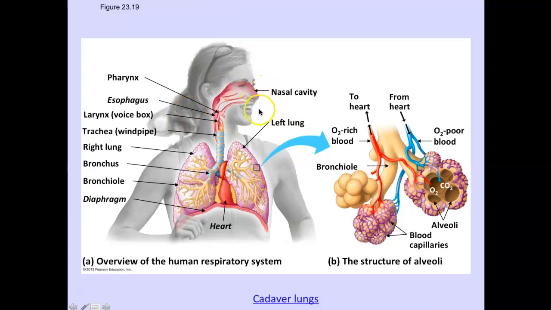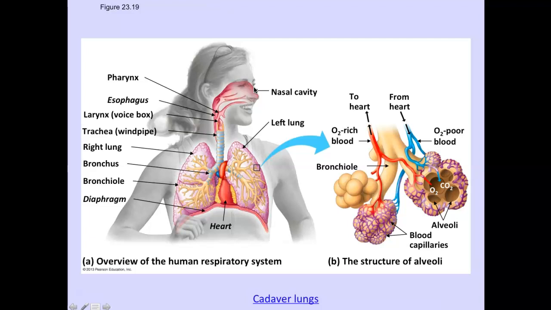The respiratory system has evolved so that you breathe in through your nose, because your nasal cavity is designed to humidify, clean, and warm the air. You see these ridges that you have drawn into this woman's face. Those ridges help circulate the air so it can warm, humidify, and clean it.